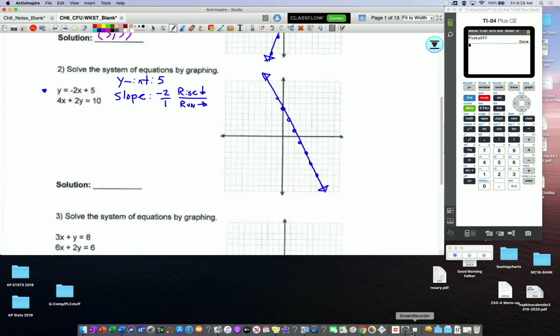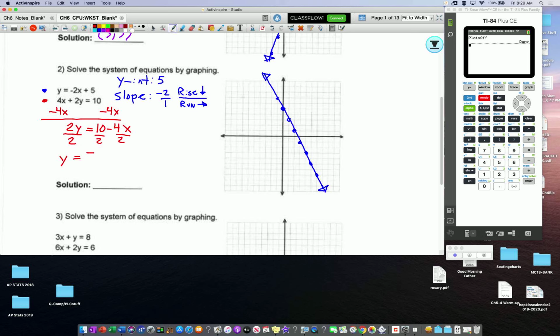Now I do the same thing for the second equation. I need to graph it, but again, I need to get y all by itself, so I have to do some algebra. The x's have to go to the other side. So I have 2y equals 10 minus 4x. I still need to get y by itself, so I divide everything by 2.